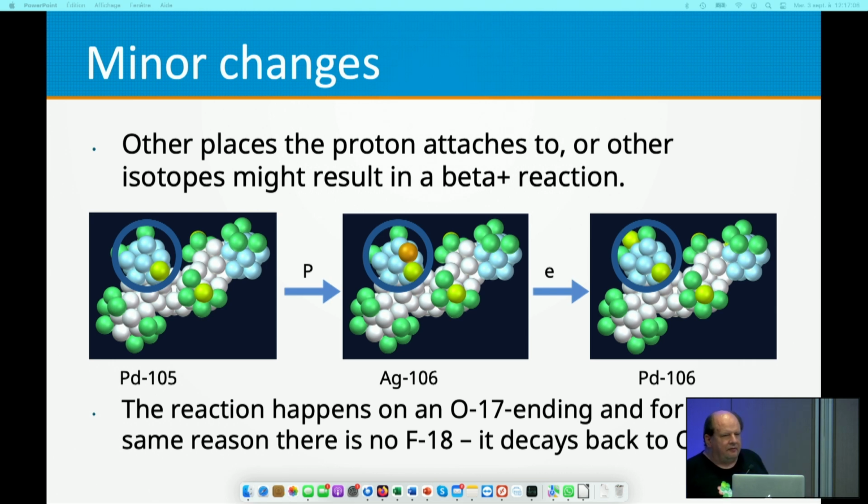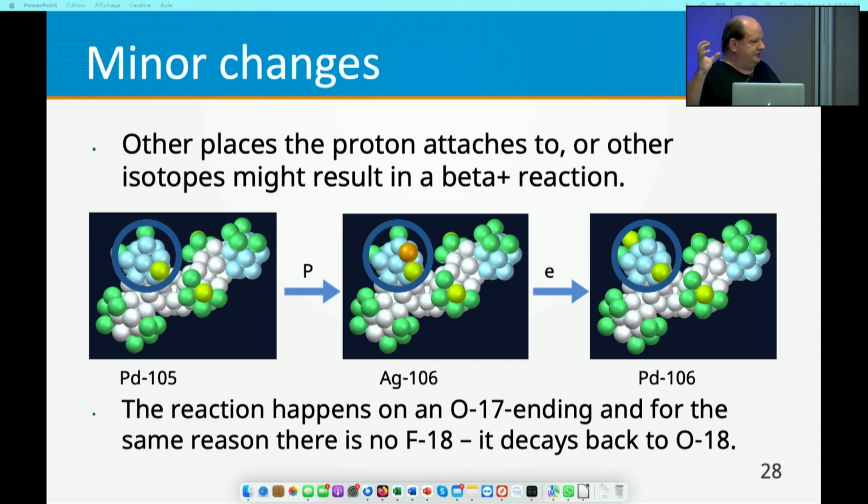This, by the way, is happening the same way with fluorine. So you have an oxygen-17 and add something, a proton, to it. You would get fluorine-18, and that is not stable, and then it falls back to oxygen-18. And as this ending is just like fluorine, this is exactly the same thing that is happening there in the model. So we end up with an isotopic shift.